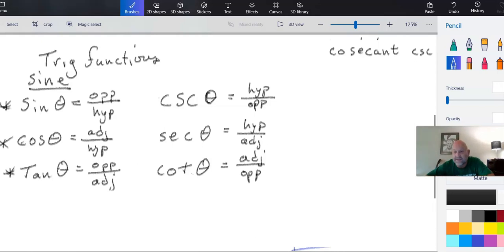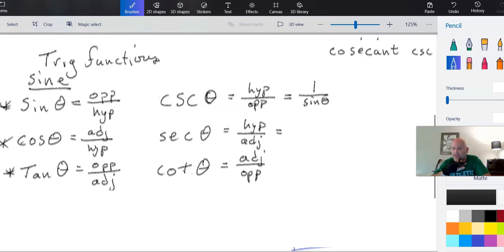Now, there's some other nice things that happen also. Because of this, cosecant can also just be looked at as 1 over sine theta, right? It's what we call an identity. An equation that is always true, when the solutions are all real numbers, is an identity.